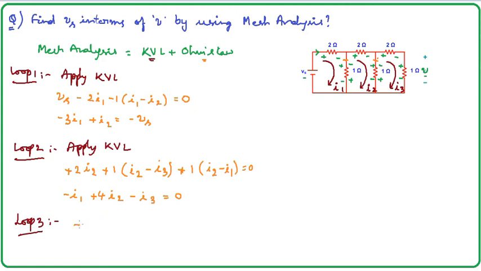Minus, same thing, 2 I3 will be there, minus 1 into, there is only one current there, I3, minus 1 into, here I am in loop 3, so my current is more compared to all currents, so it will be I3 minus I2, which is equal to 0.